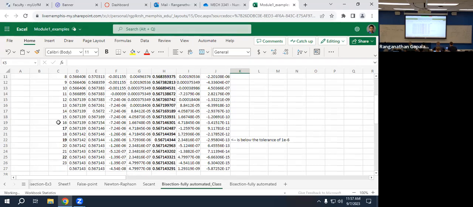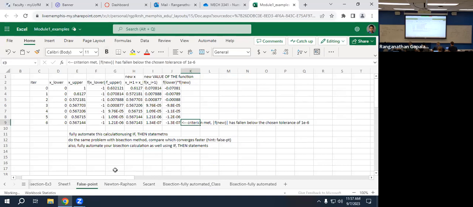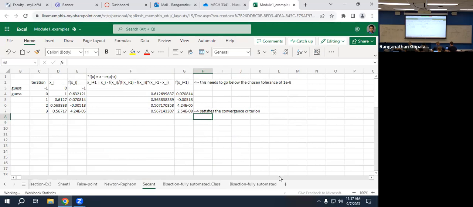Bisection method took 19 iterations. Okay, we saw that, 19. False position method took 6 iterations. Newton-Raphson took 2 iterations. And we also have the secant method, which we did the other day. It took 3 iterations.